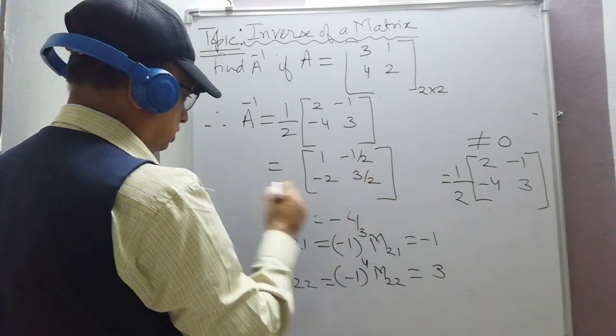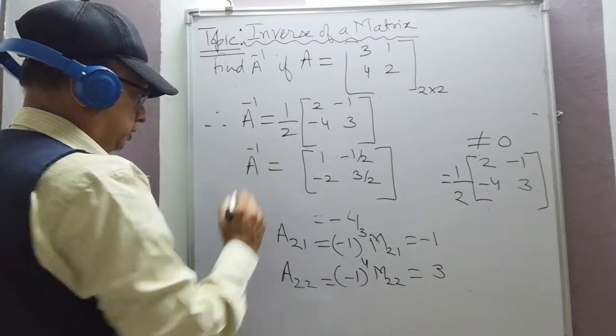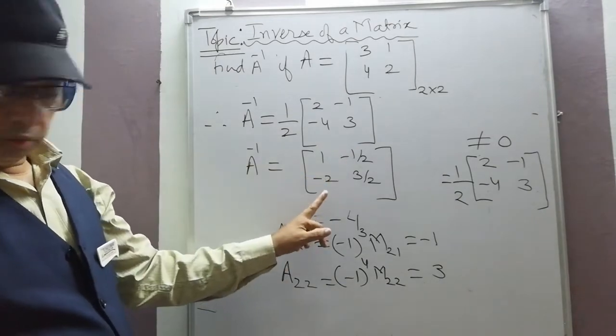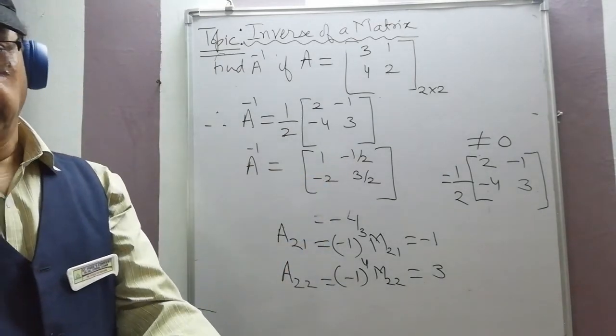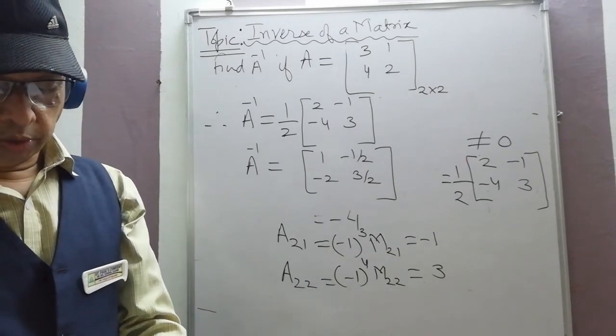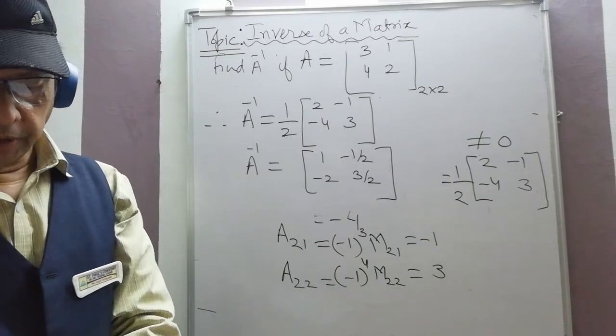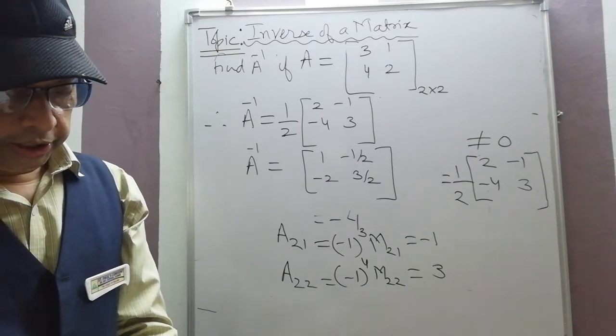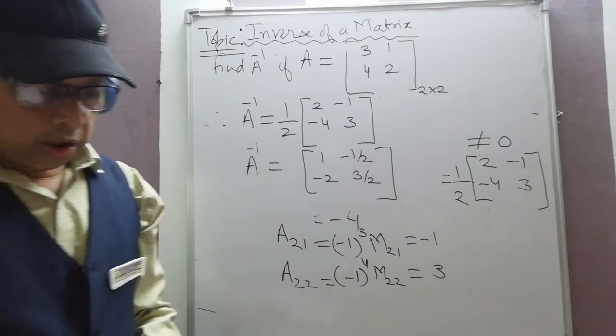This one is A inverse. So A inverse is 1, minus 1 by 2, minus 2 and 3 by 2. So in this way, for a matrix of order 2 by 2, you can find its inverse in this manner. Okay, is it clear?